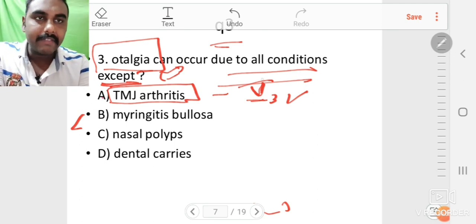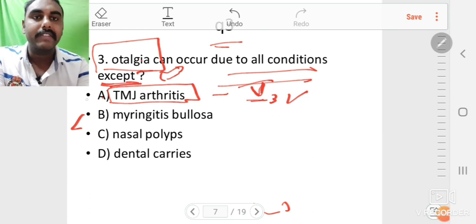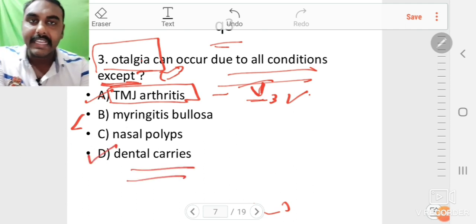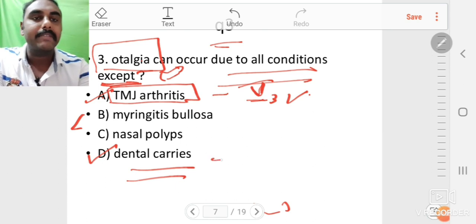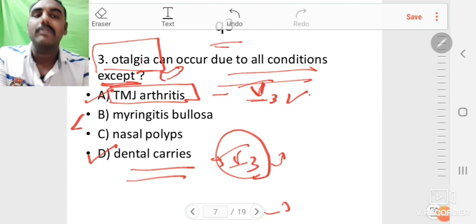So will TMJ cause referred otalgia? Obviously yes, because the auriculotemporal nerve is a branch of the mandibular division of the trigeminal nerve. Dental caries, any problem in the dental cavity, is again supplied by the mandibular division of the trigeminal nerve, so it can cause otalgia.